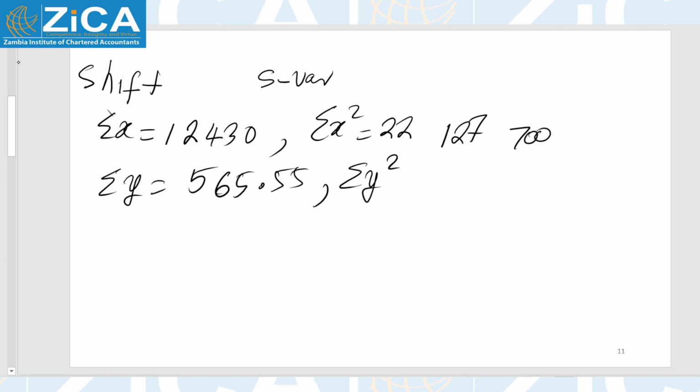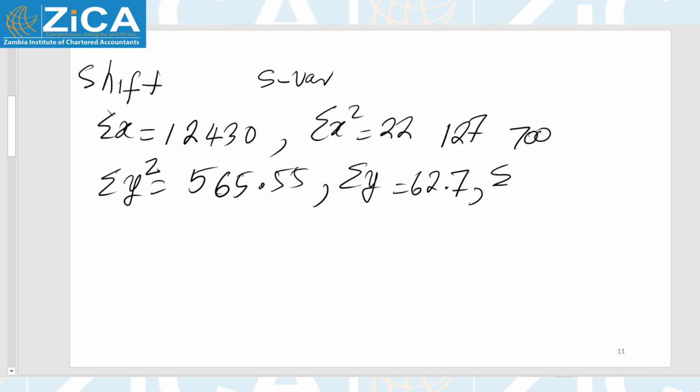The summation of y squared: shift S var, follow the cursor key, number 1, it will give you 565.55. This is sum of y squared, this is summation of y.